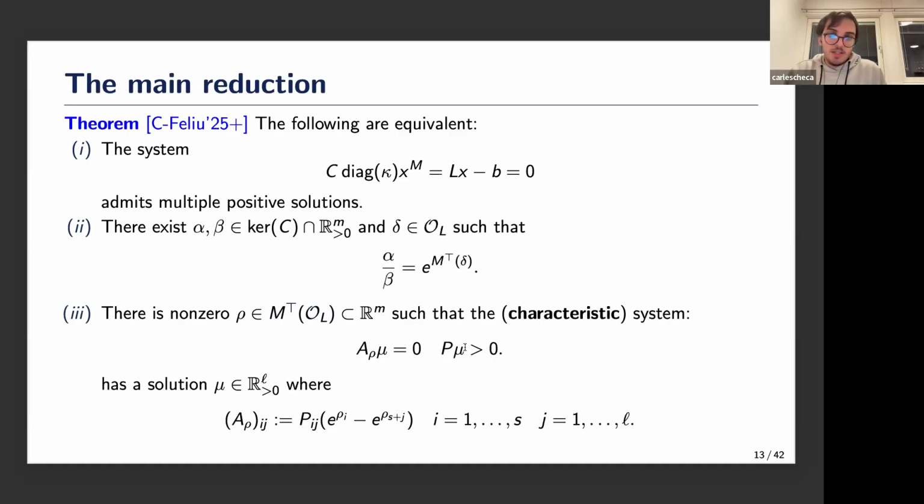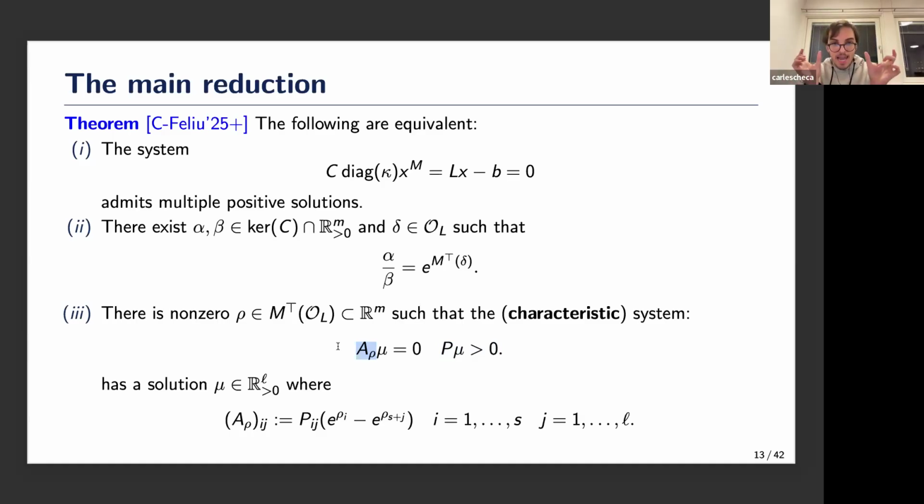And what is this? So this first part where P mu is positive comes from the same matrix P we were seeing before. And the imposition of being positive corresponds to the fact that the element that we are parameterizing is in the flux cone. And this other matrix, A rho, its entries are precisely differences of exponentials in rho.